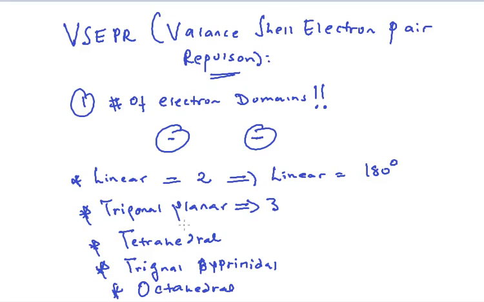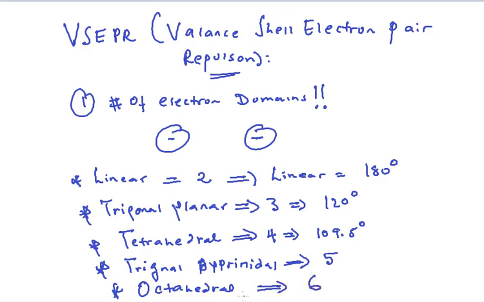It can be a double bond, a single bond, or a lone pair of electrons. The approximate angle for a trigonal planar structure is around 120 degrees. A tetrahedral structure has 4 electron domains, and the common angle for a tetrahedral structure is approximately 109.5 degrees. A trigonal bipyramidal structure has 5 electron domains, and an octahedral structure has 6 electron domains.